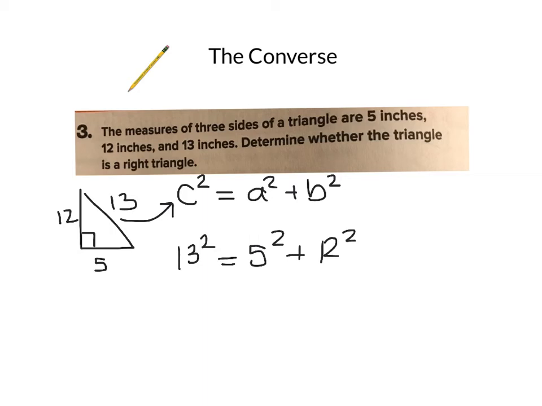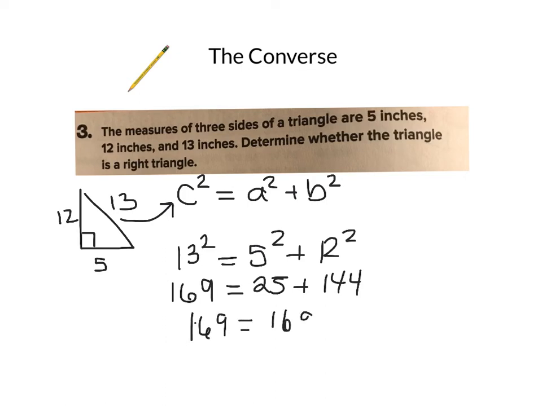All right, so now I've got to see if this is going to work out. So 13 squared is 169. 5 squared is 25. And 12 squared is 144. So I have 169 equals 169.